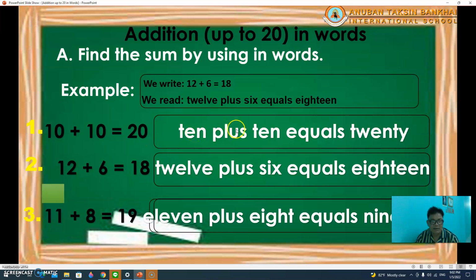Number 2, 12 plus 6 equals 18. Number 3, 11 plus 8 equals 19.